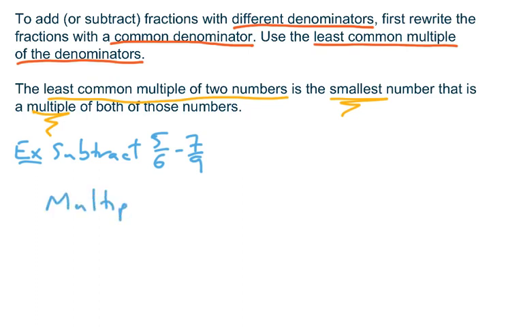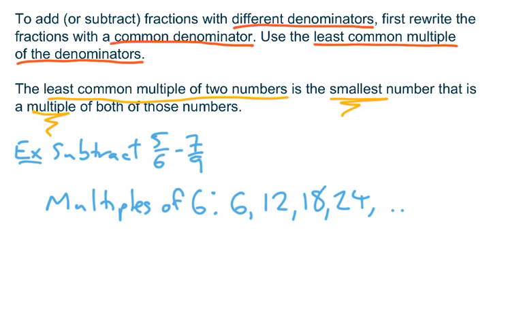The multiples of 6 are basically what you get when you count by 6s. If you count by 6s, you'd go 6, 12, 18, 24, and so on.